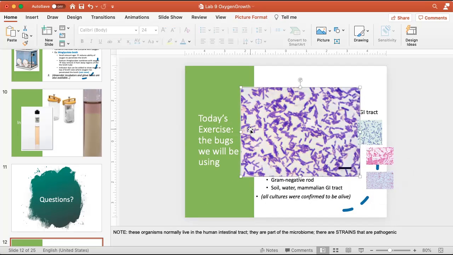Remember too from lecture, there are two genera of bacteria that are pathogenic at times that can make spores. Bacillus and Clostridium.